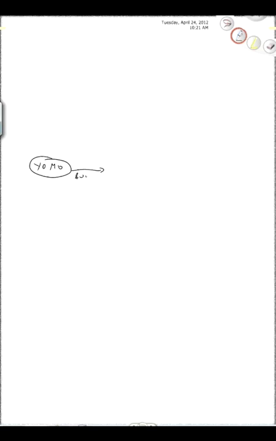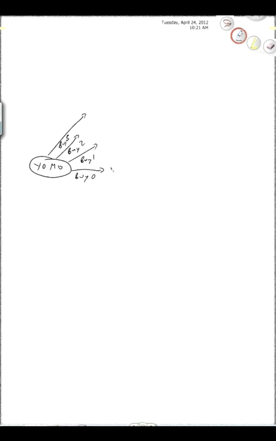So the actions are buy 0 machines, buy 1 machine, buy 2 machines, or buy 3 machines. So those are the 4 actions we have because we cannot buy more than 3 machines, just anywhere between 0 and 3. And so each of these actions leads us to a different position.